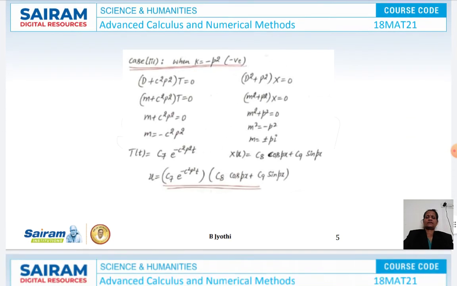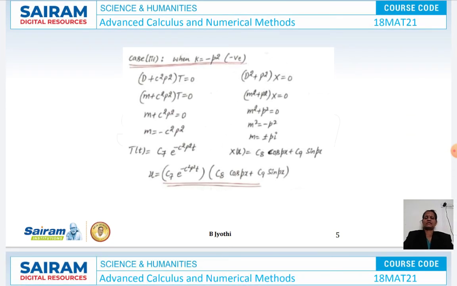Case 3: when k = −p², that is negative, (D + c² p²) T = 0 and (D² + p²) X = 0, or (m + c² p²) T = 0 and (m² + p²) X = 0.